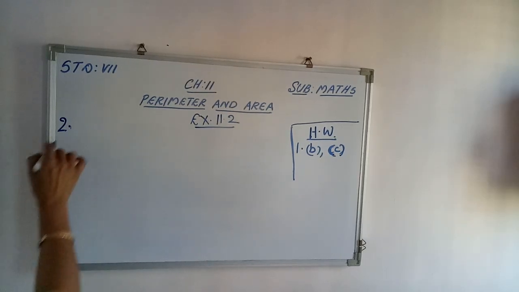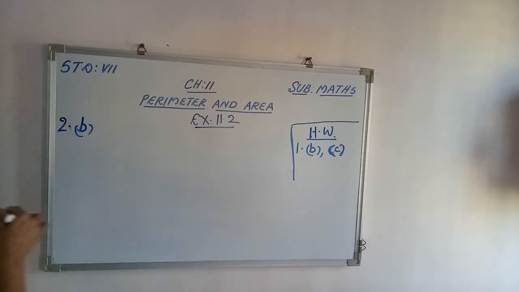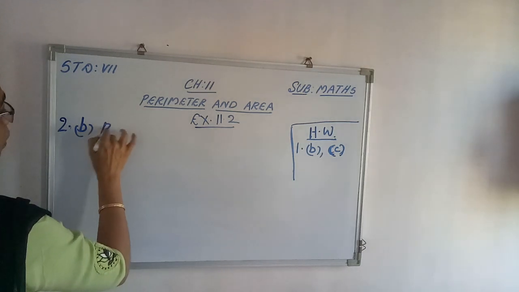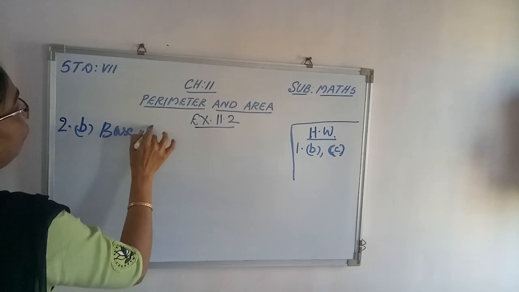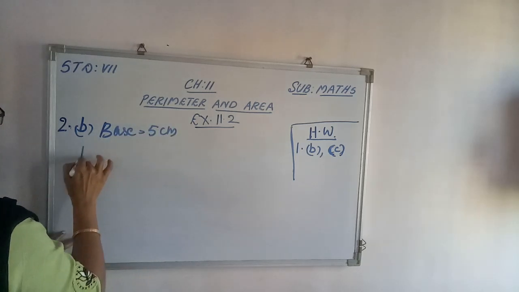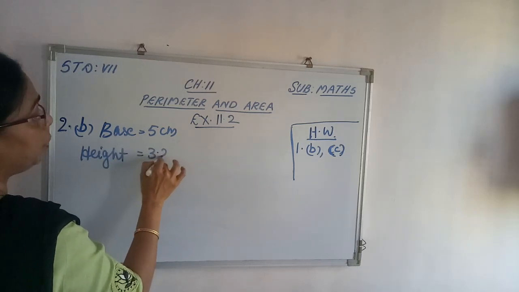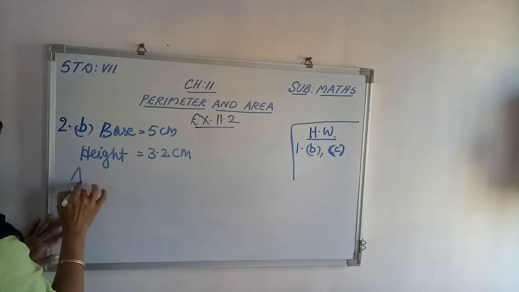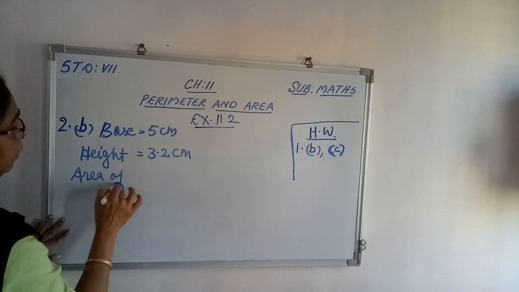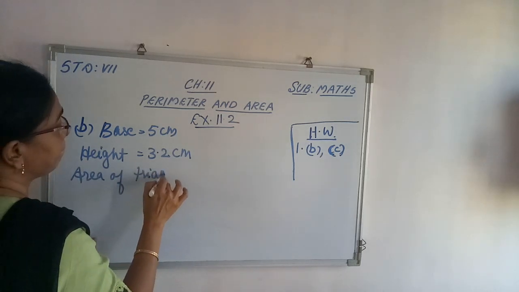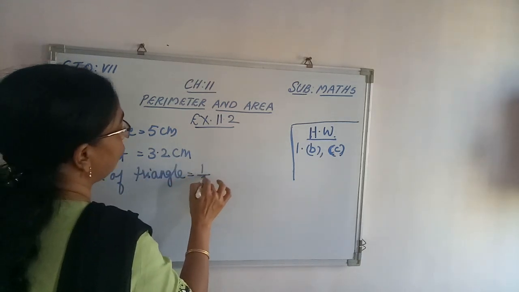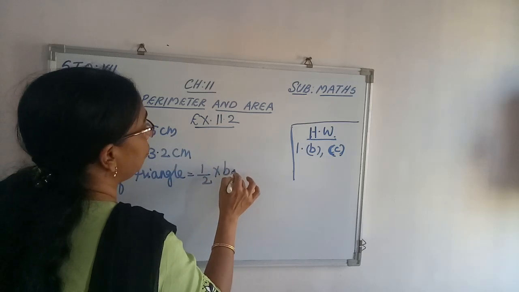Now B. What is the base? 5 centimeter. Base is equal to 5 centimeter. Height 3.2 centimeter. Then area of triangle is half multiplied by B into h.